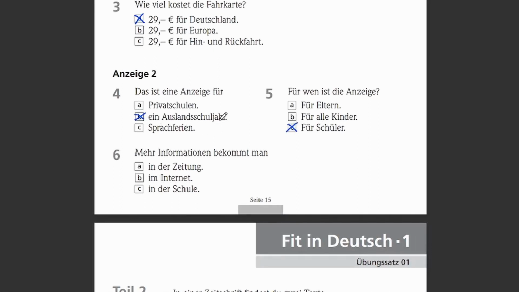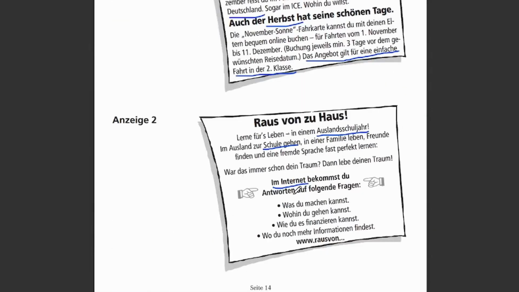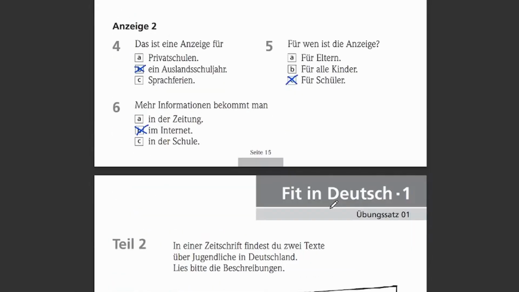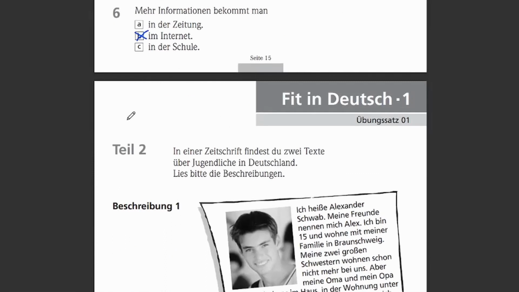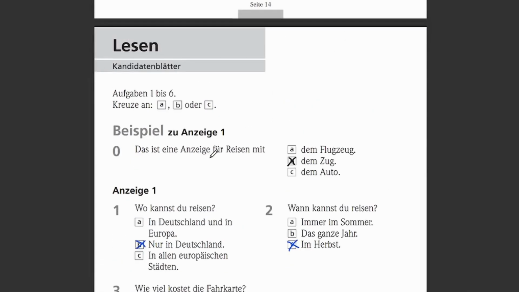This is for kids going to school. Mehr Informationen bekommt man im Internet. We already noted down. They have asked to get all the other informations for any questions and more information through internet. So we completed this one.